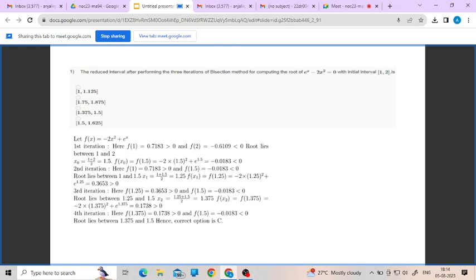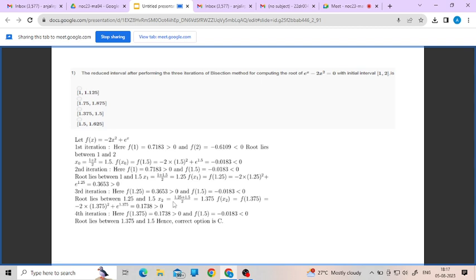So in the second iteration we were getting 1.25 and 1.5. Now in the third iteration we will get x2 as the mean value of 1.25 and 1.5, that is 1.375.